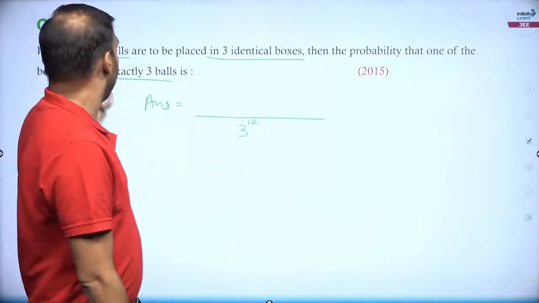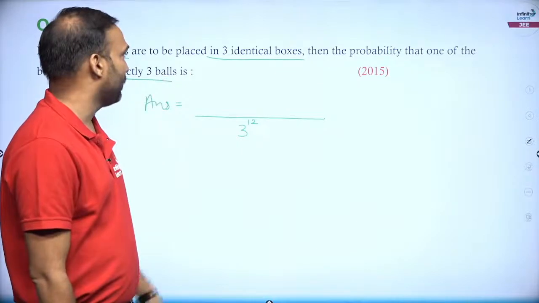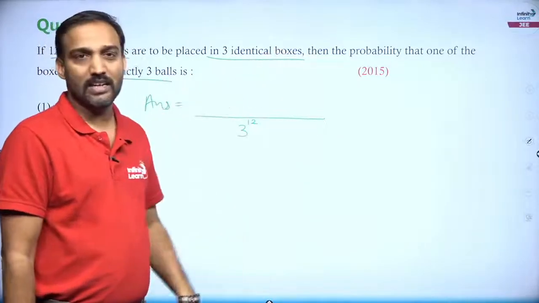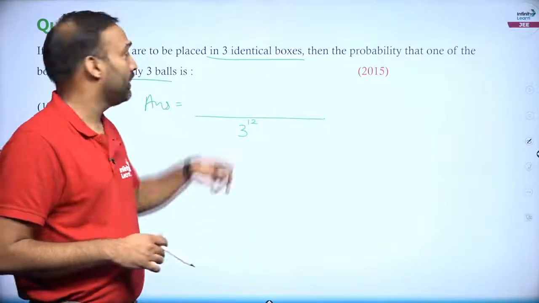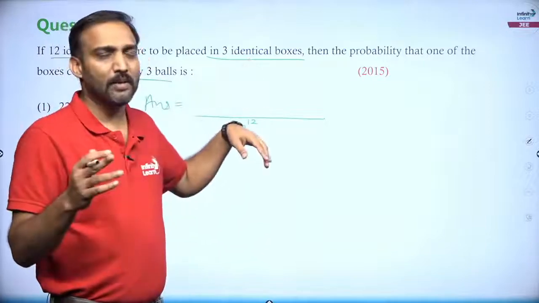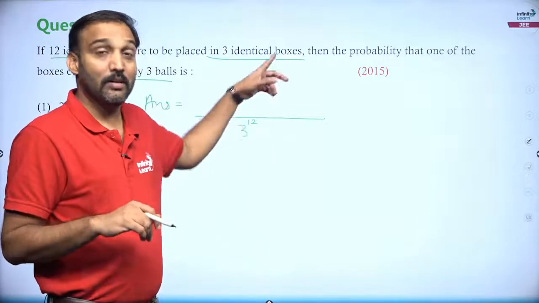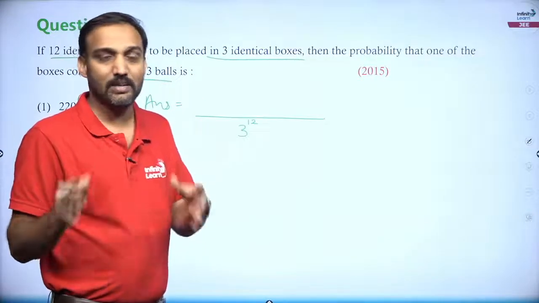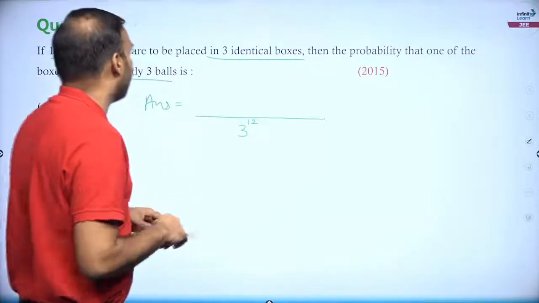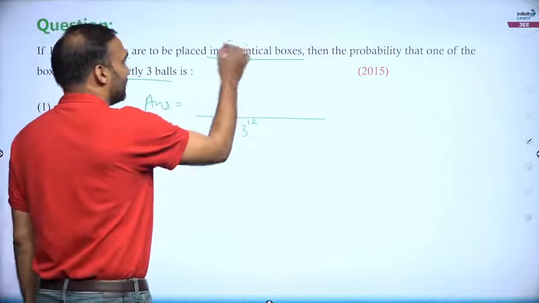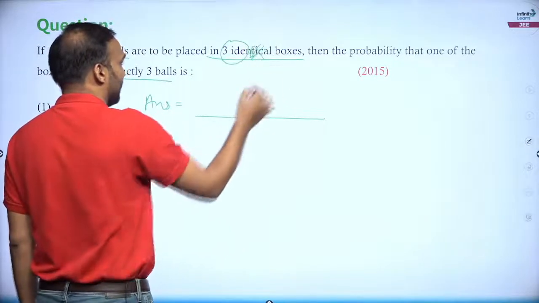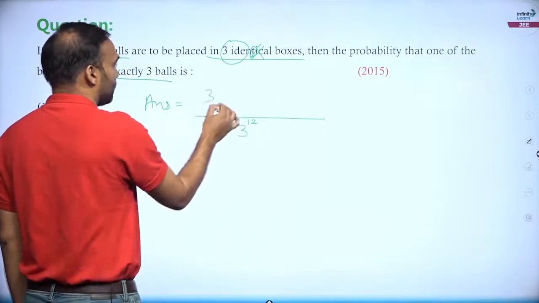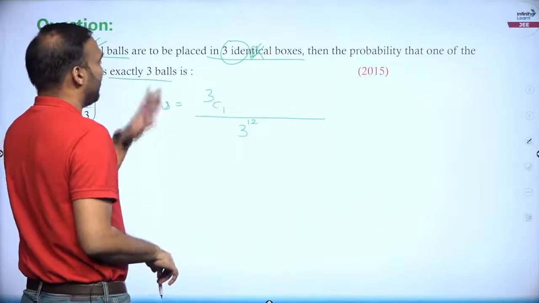Now favorable: one of the boxes contains exactly 3 balls. Now which of these boxes will contain the balls? Identical, I cannot apply nCr in identical, remember, but now I have considered them to be distinct, because I know in probability identical and distinct give the same proportion of outcomes. So 3 boxes, I am selecting one box in which I will keep the 3 balls.